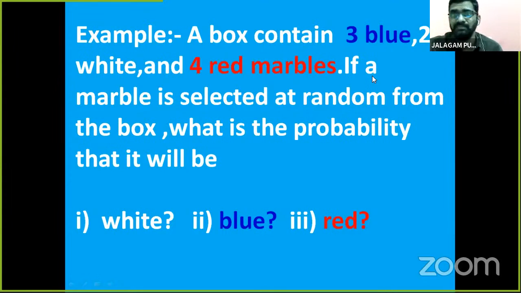If a marble is selected at random from the box, what is the probability that it will be: first, white; second, blue; third, red.